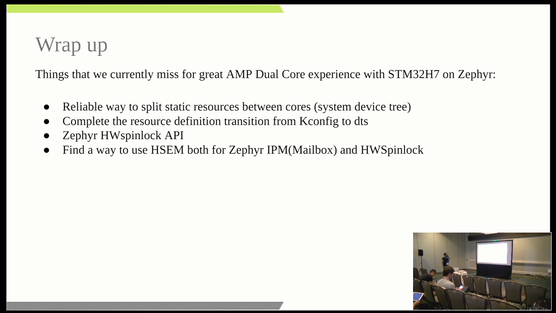To wrap up this presentation, here are the things that we miss today for a great AMP dual core experience on STM32H7 on Zephyr. First, a reliable way to split static resources between cores. We expect that system device tree will help to solve this issue. Also, to complete the resource assignation from Kconfig to device tree.